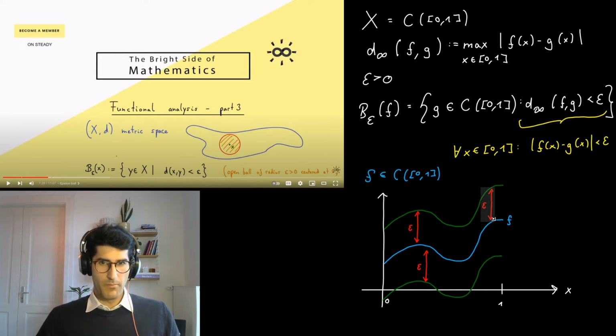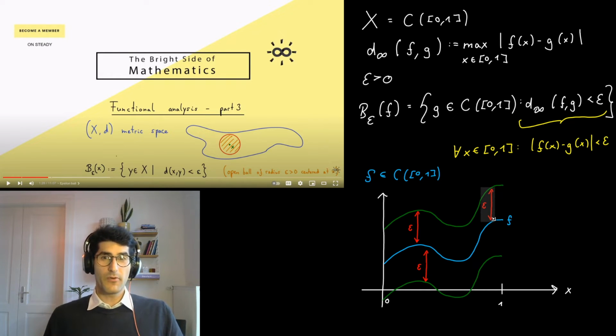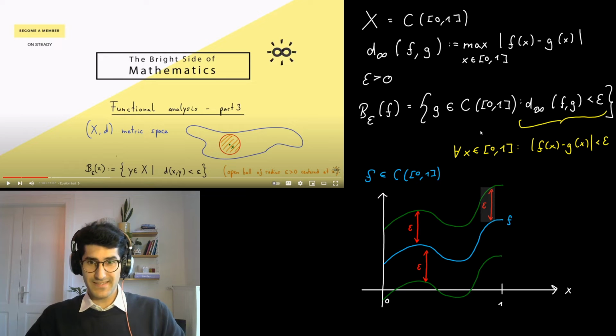So what is the epsilon ball now? Do we have it here in the sketch? Not directly, but we have some intuition what it means for a function g to be inside this epsilon ball. Of course, I cannot draw anything here because the space of continuous functions is infinite dimensional. This is just a two-dimensional picture. But the test I can offer you here is the following.